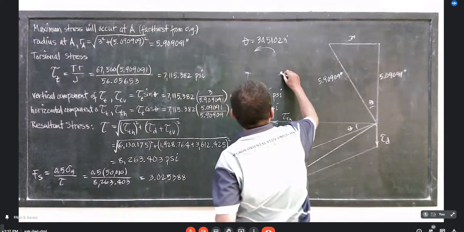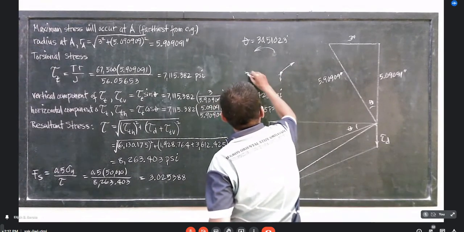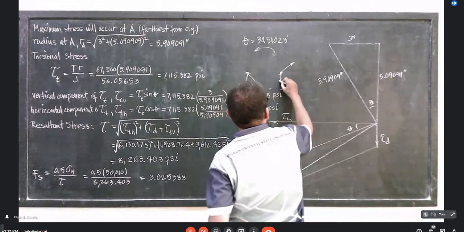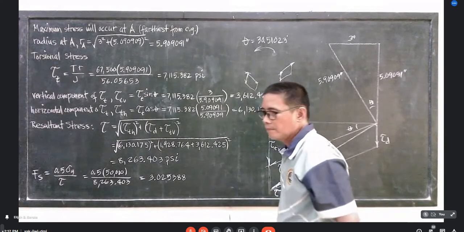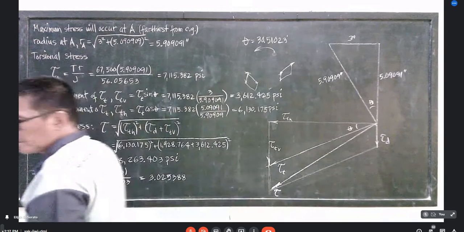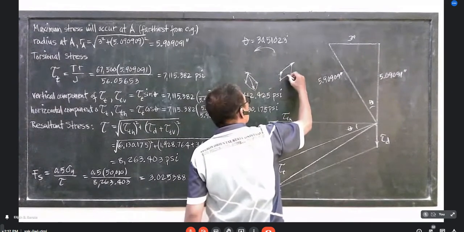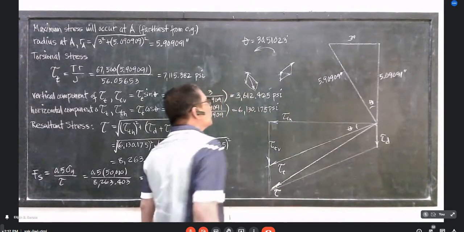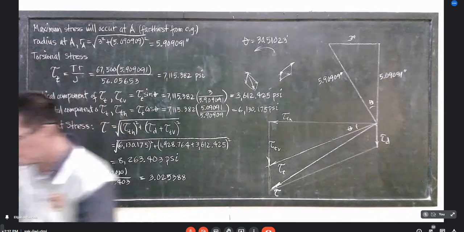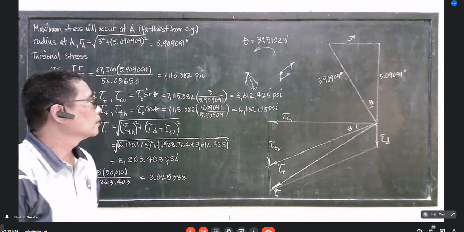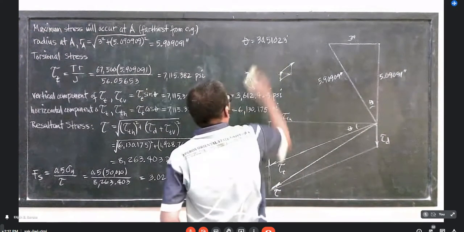So this will be that way, and this will be this way. This one is your smaller side. Did I answer your question?